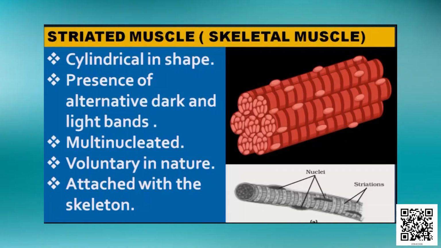If we want, we can go. If we want, we can stand here. If I want, I can write. So, these muscles are voluntary in nature. As per our wish, we can move it. That's why called as voluntary. Okay. They are attached with the skeleton. We have already discussed that these muscles are attached with the skeleton.